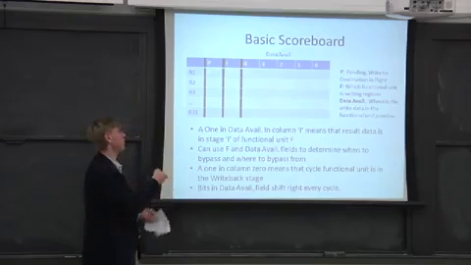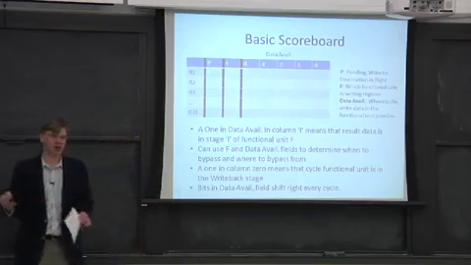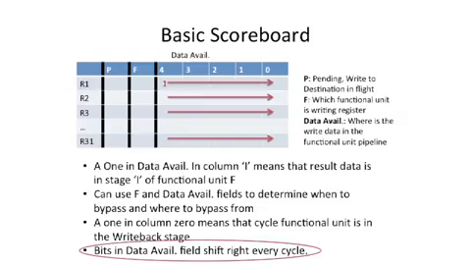So if you go look at what functional unit you are and you cross it with this information, you should go figure out where to go do a bypass from. Every cycle, logically, you can think of these bits shifting to the right. So if there's a 1 here, that means the data for register 1 is going to be available in 4 cycles somewhere. Probably the architectural register file if you implement this relatively simply.